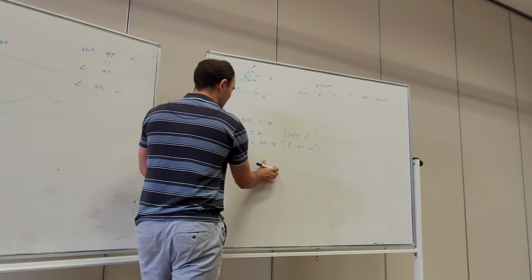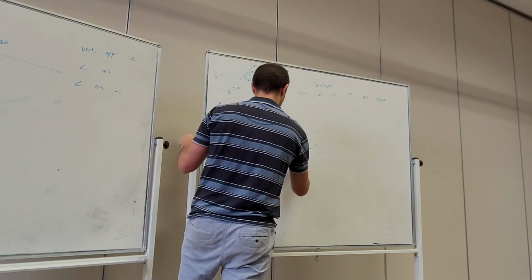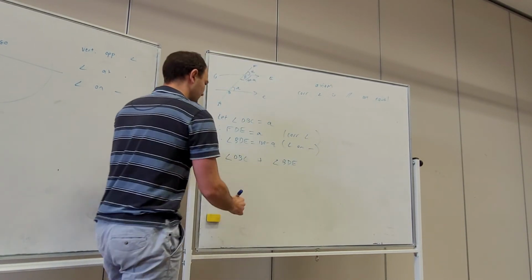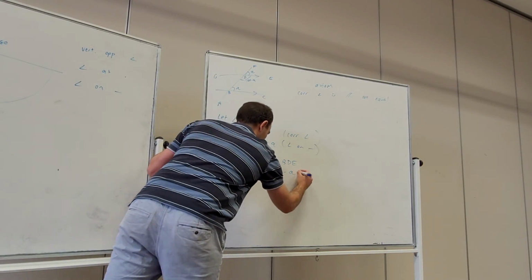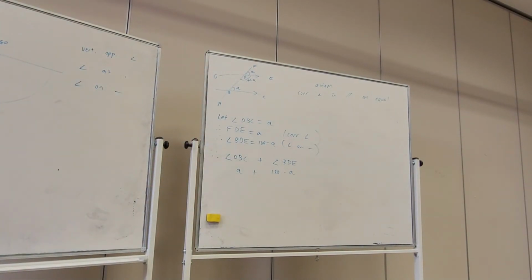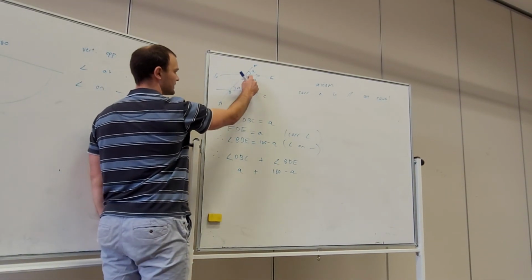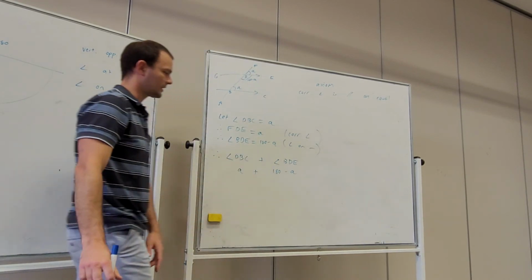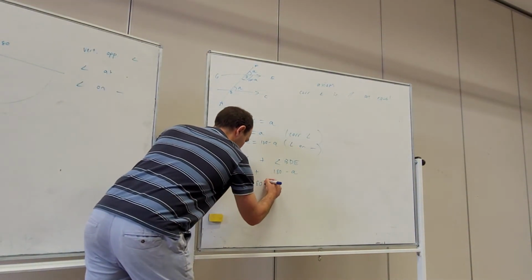DBC plus angle BDE. What we're going to have is alpha plus 180 take away alpha. If I'm adding this angle here plus this angle here, we've got alpha plus 180 take away alpha, and it's going to simplify to be 180 degrees.